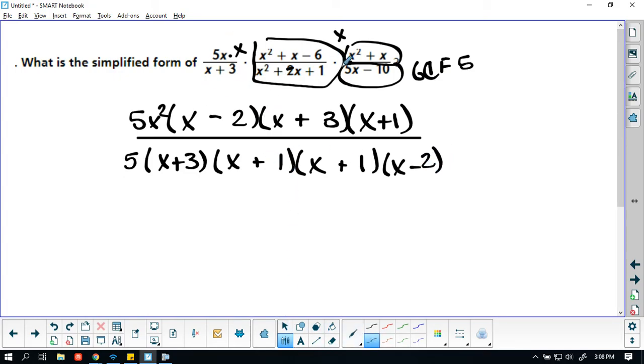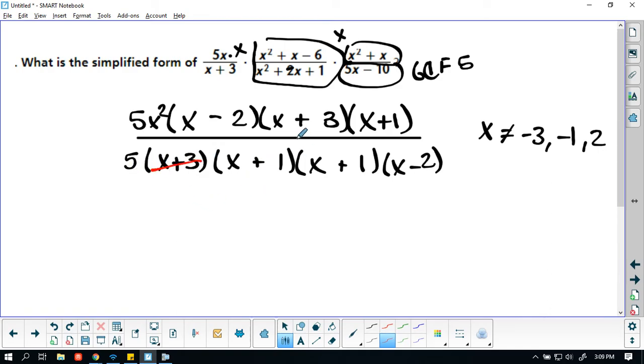Let's look at the values x cannot be, before we move on to our canceling, so that we can see what our domain is going to be. So x here cannot equal -3, -1, and we have -1 twice, and 2. These are the values that x cannot equal. Even though we're going to simplify, these are still the values of our original equation that x cannot be, which we have to include.